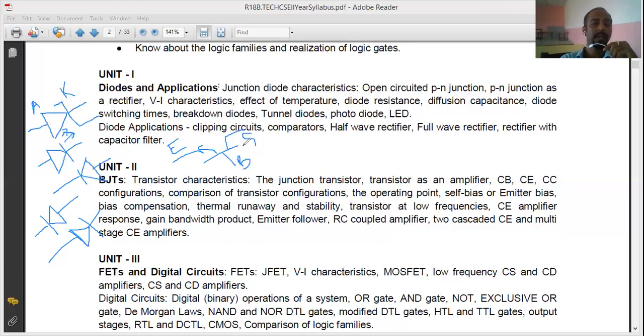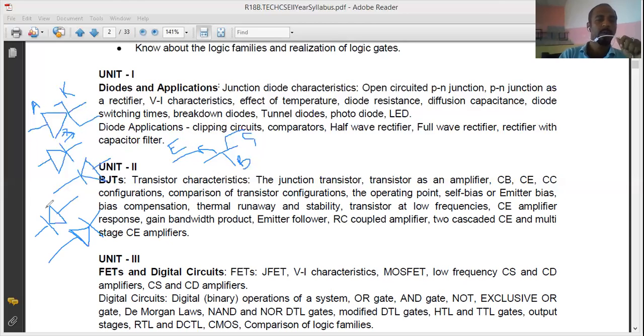Now, why is it called a collector? Basically the electrons will be flowing. The emitter is what is giving out, and as the electrons are simply going through the barrier, something has to collect all these electrons, right? So emitter gives out the charges, and now in this case we talk of positive and negative charges. The negative charges are the electrons, and the positive charges are the holes.